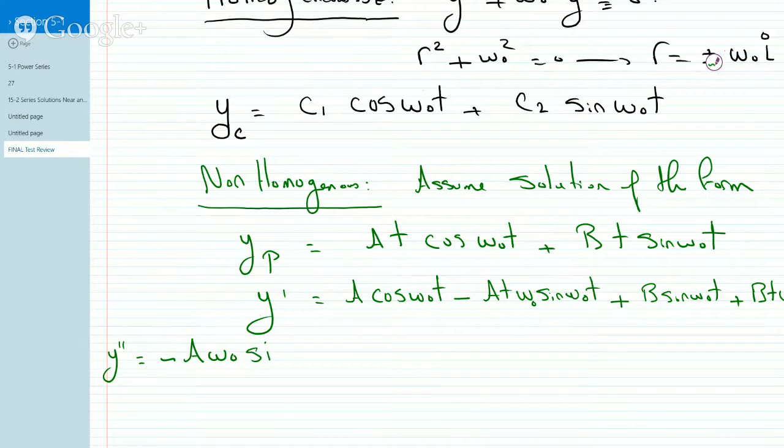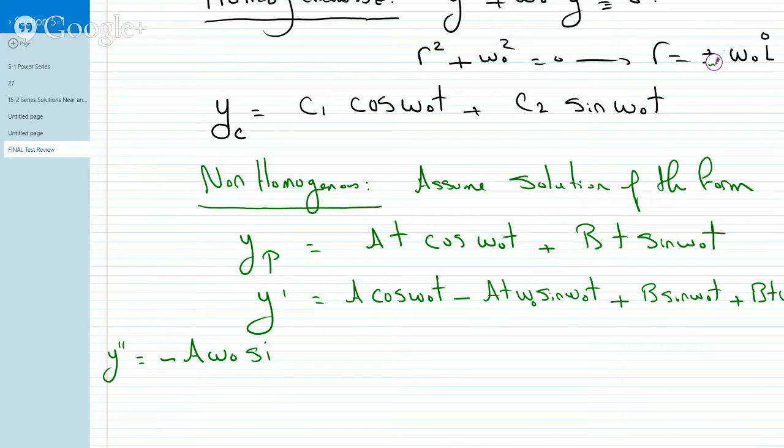So you know how we thought about the non-homogeneous, the particular? How would you find the particular with the cosine? Well, what derivatives generate cosine? Sine and cosine.